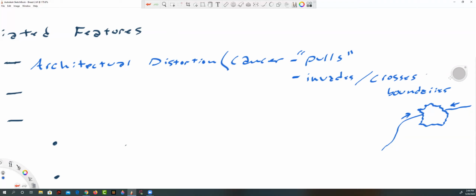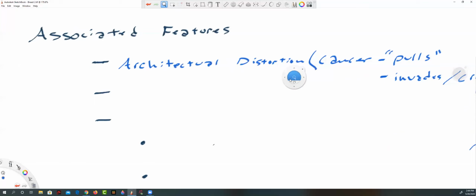Of course, that distortion could just be a scar from previous surgery or a car accident, and you had a little bit of bleeding inside the breast and left scar tissue behind. So it could be that too. But generally, architectural distortion is a bad thing.